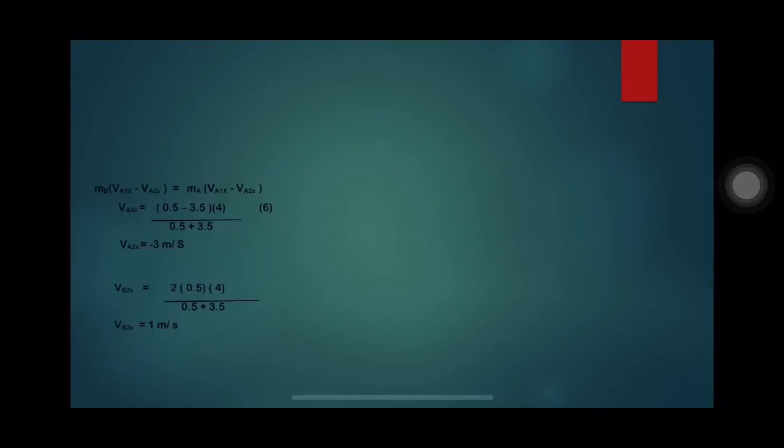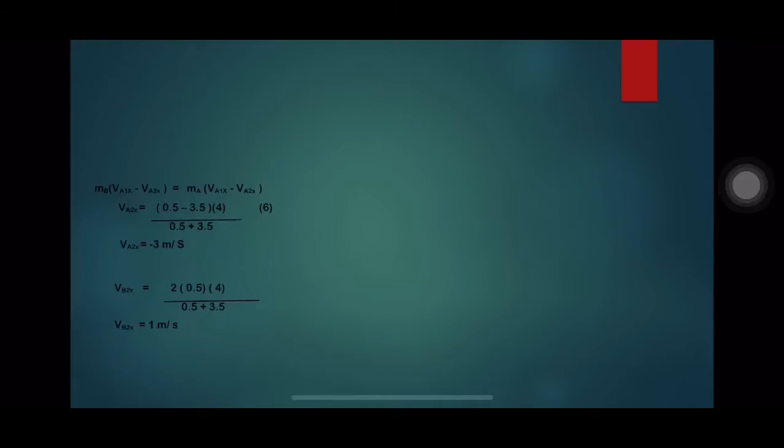So, after we get what we really want, which is the equation to calculate the VA2x and the VB2x, we plug all the numbers that we got from the exercise in, which we get VA2x equal to minus meter per second and VB2x equal to 1 meter per second.